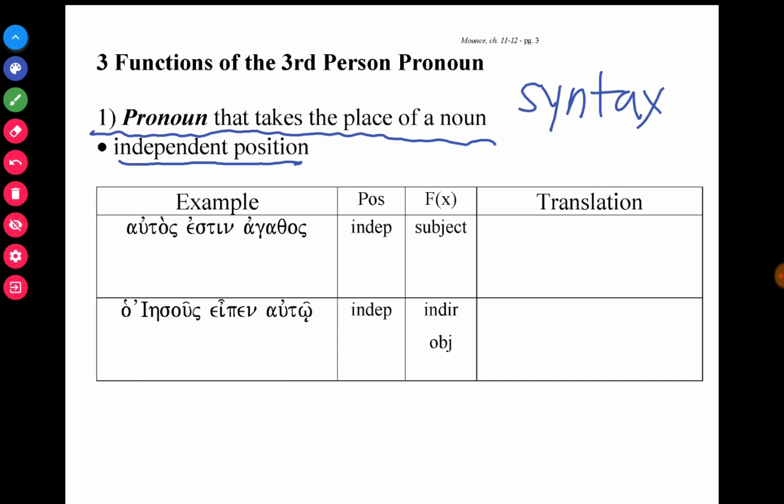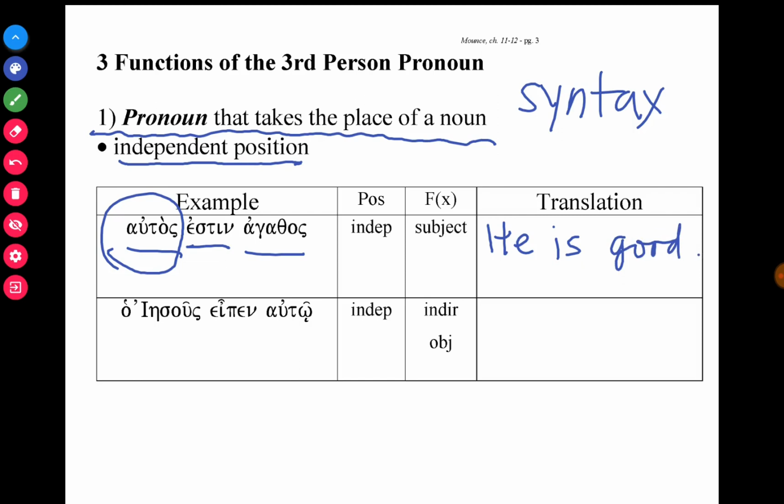And so some examples in Greek are autos estin agathos. This is in the independent position, and here autos is being used as the subject of the sentence. And we don't know what the antecedent is. It could be Jesus, it could be some other person. But the way we translate this is he is good.